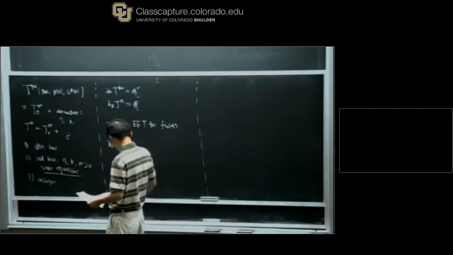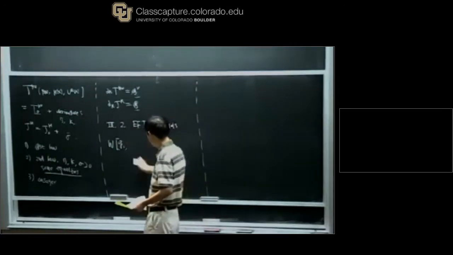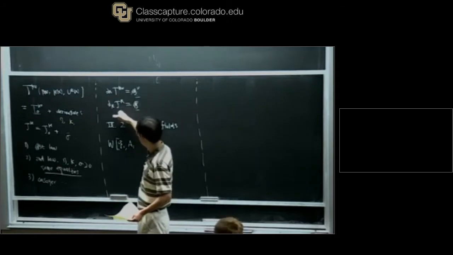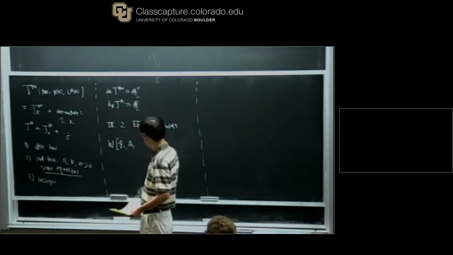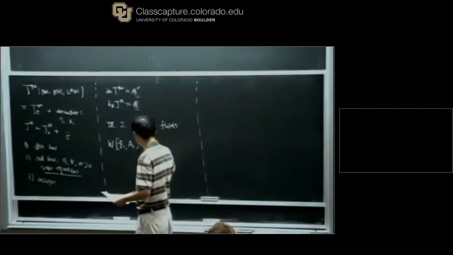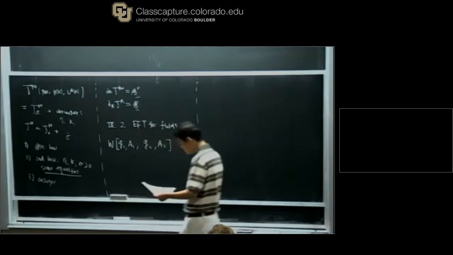So you have two copies of them. G1 means the metric on the first copy, and you can also have an external gauge field, the external source for the current, which I call A. Then you have G2, A2.